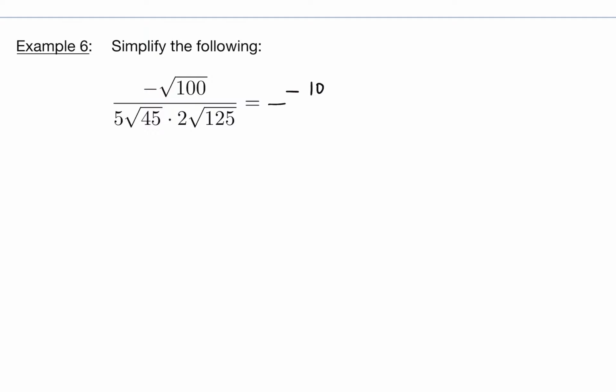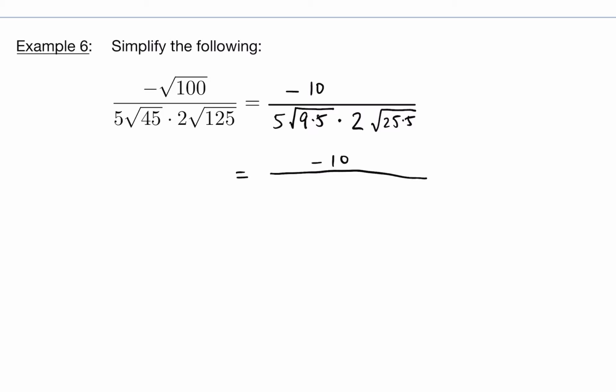Now the bottom is a little bit more complicated. Here we're going to break down square root of 45 into its factors, which would be 9 times 5. And square root of 125 has a factor of 25 and 5. So this works out to negative 10 over 5 times 3 square root of 5.